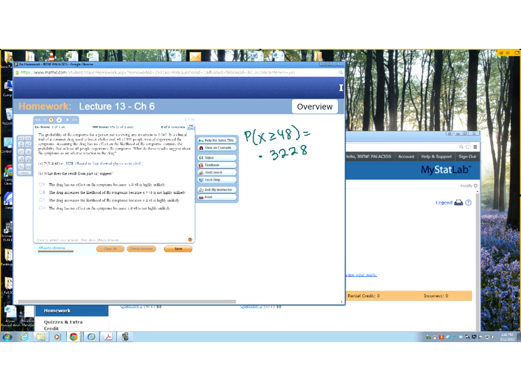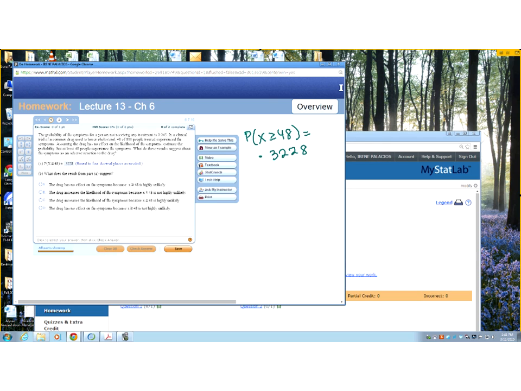It says the probability of flu symptoms for a person not receiving any treatment is 0.045. In a clinical trial of a common drug used to lower cholesterol, 48 out of 990 people treated experienced flu symptoms.